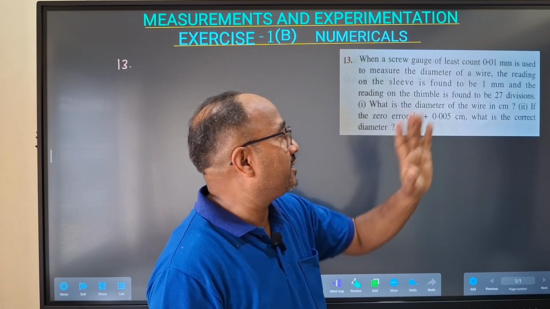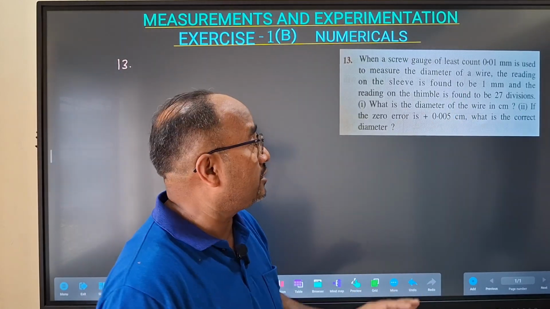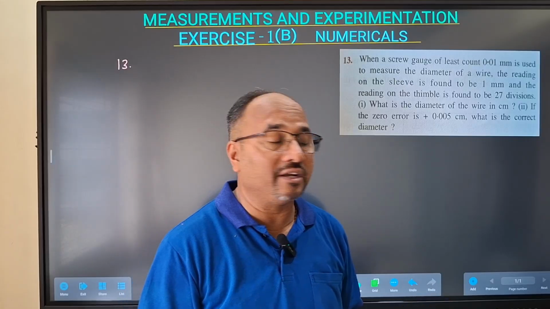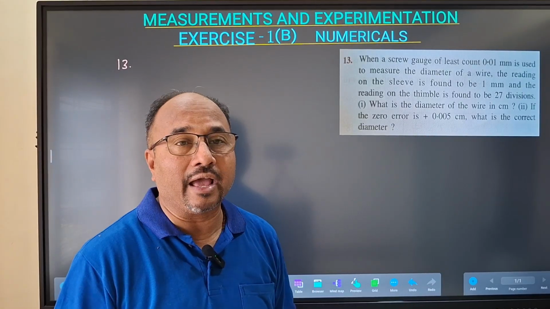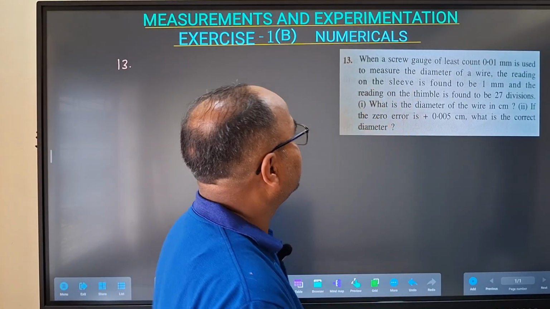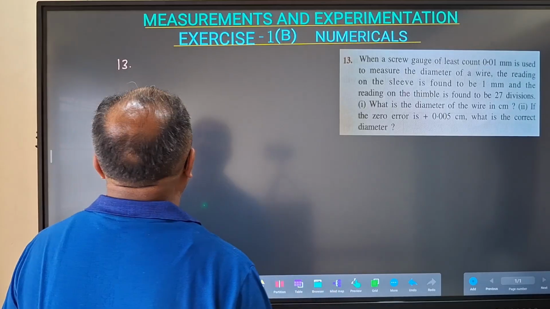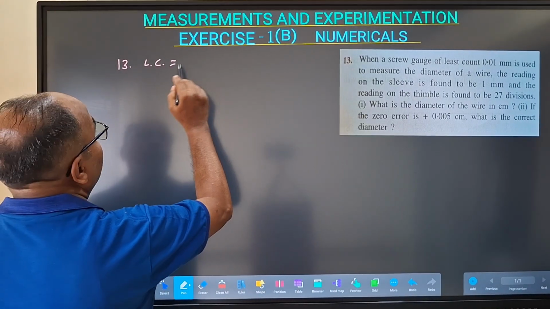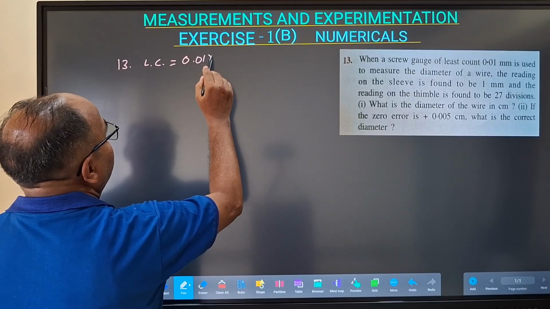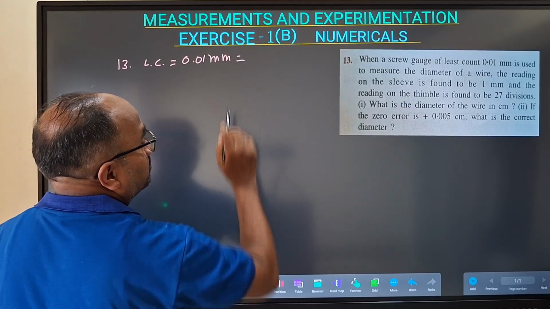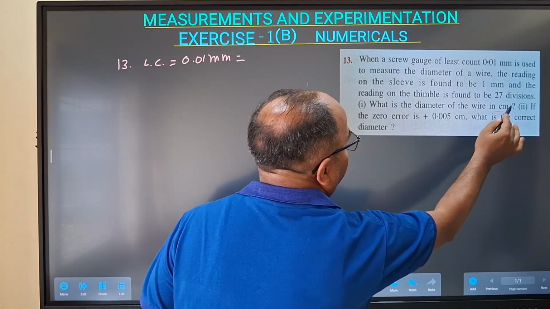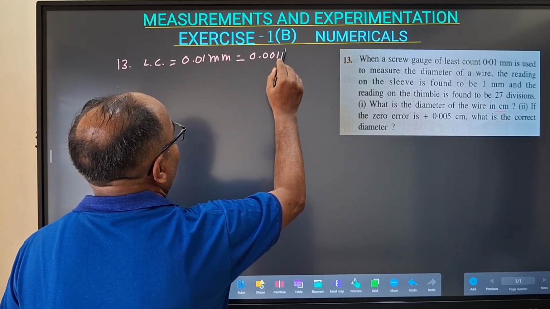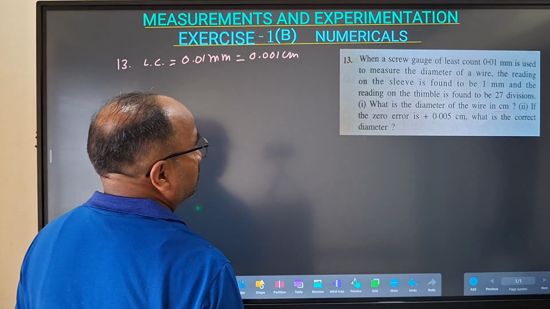You are asked to find the diameter of the wire in centimeter, and if the zero error is plus 0.005 centimeter, you have to find the correct diameter. Okay, so let us write the least count first of all. That is given to you as 0.01 millimeter. Because measurements are asked in centimeter, I will write here 0.001 centimeter as the least count.